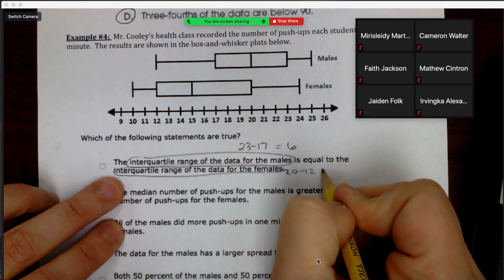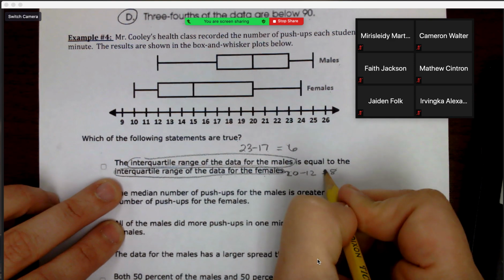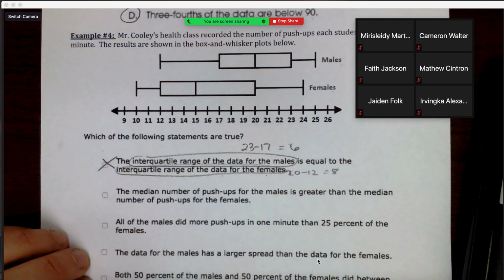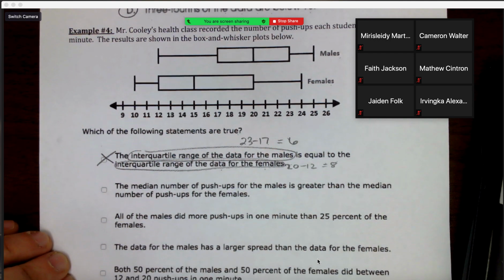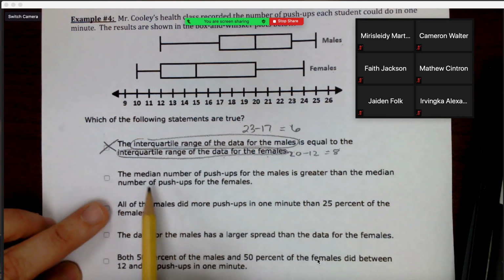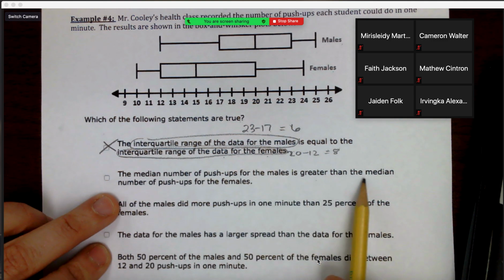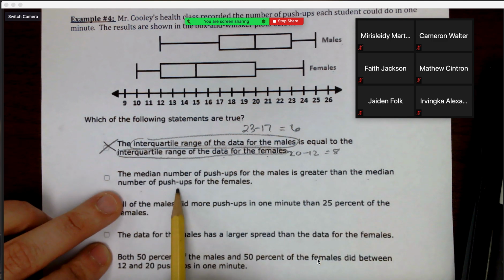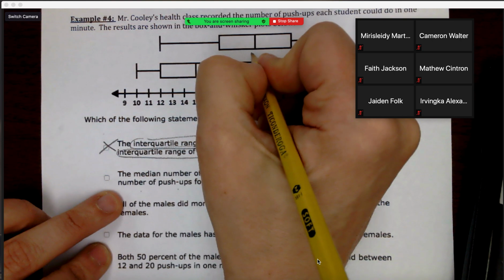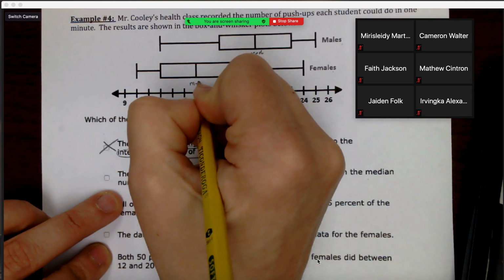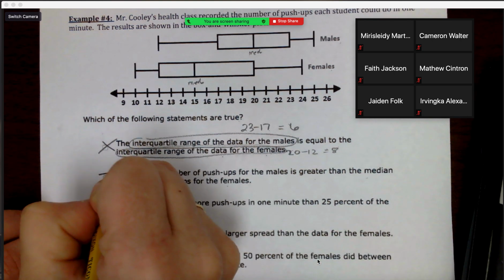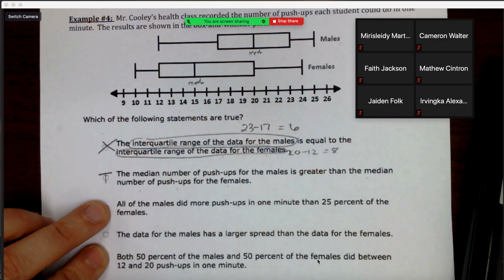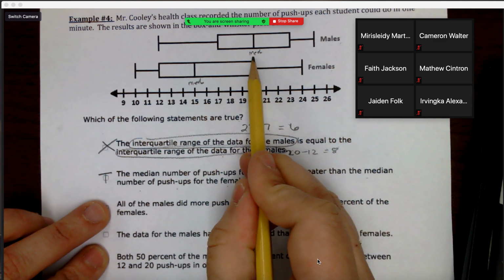These are not the same, therefore this is not true. The median of push-ups for males is greater than the median of push-ups for females. Let's see. Here's the median. Here's the median. This looks like it's true. The median for males is higher than the median for females.